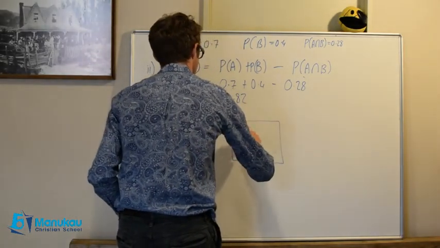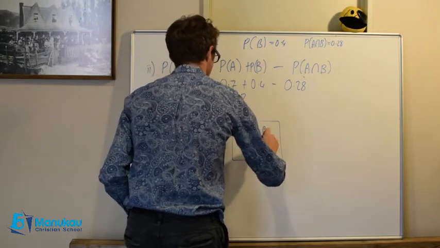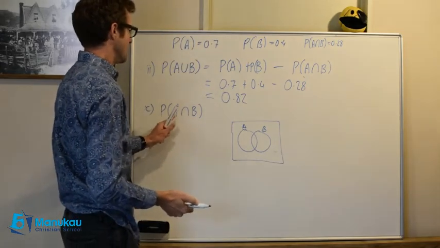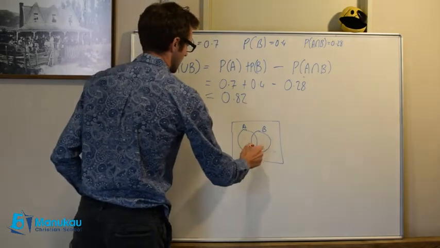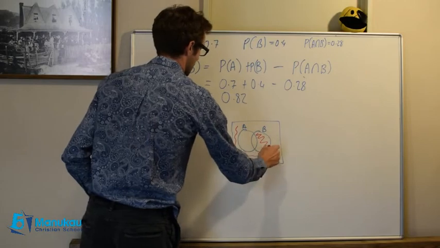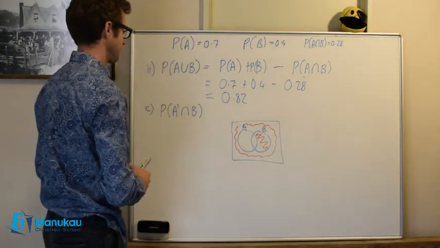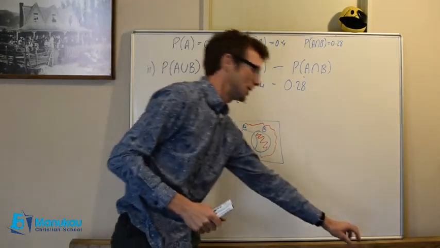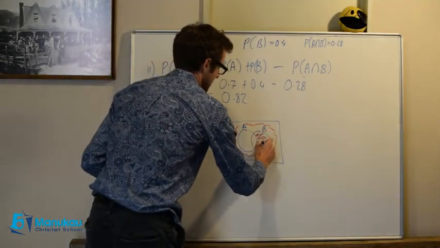So, here's A, here's B. We are trying to find where not A intersects with B. Now if you think about it, not A is this bit here and this bit here. But where does not A intersect with B? It's just this bit here.